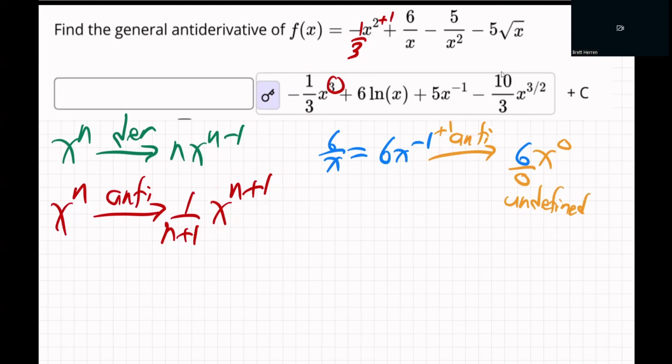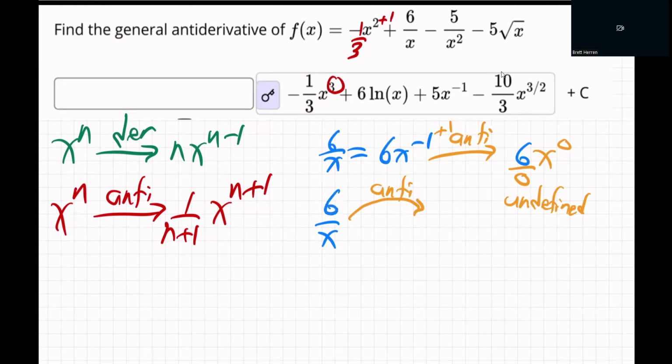Well, when you're thinking about the antiderivative, ask yourself, let's go back to 6 over x. In fact, let's go to 1 over x. What is the antiderivative of 1 over x, or I'll just do 6 over x. I don't want to confuse you. 6 over x.